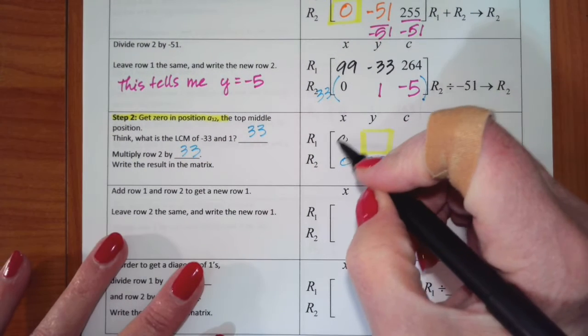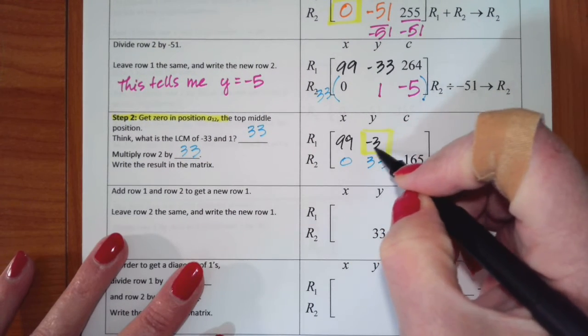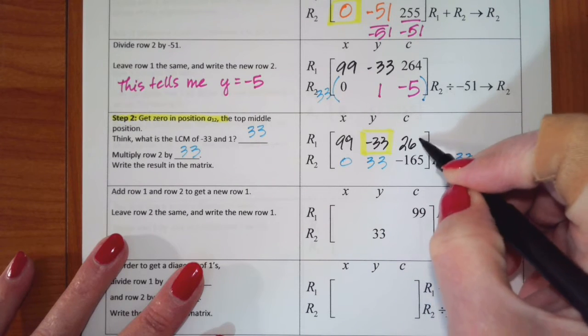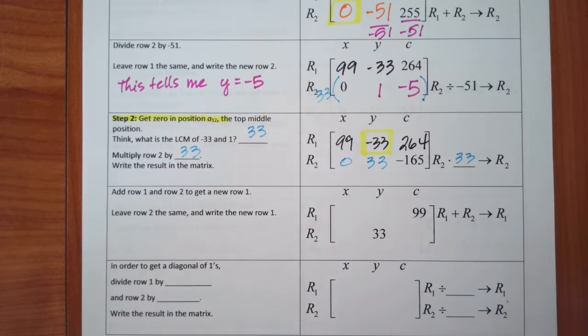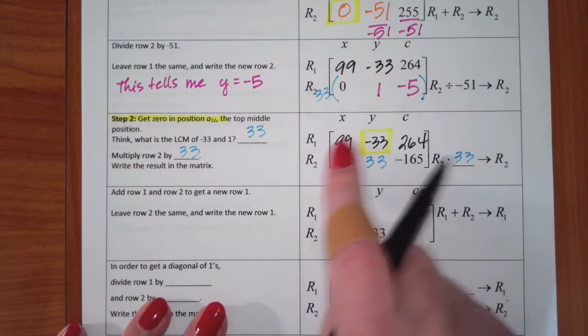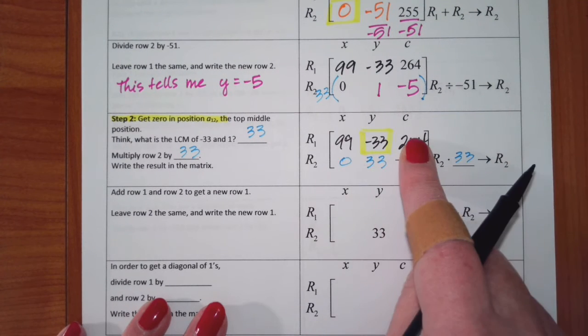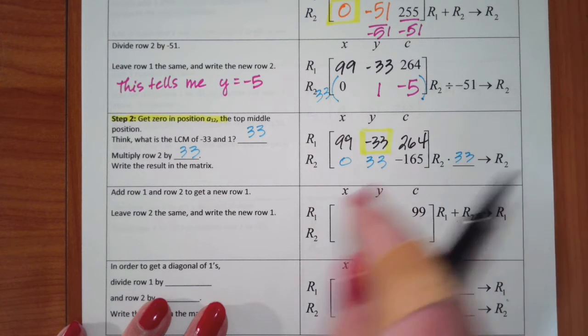This is 99, negative 33, 264. So now if I add these two rows together and put it up here, then I've got a 0 in this spot.